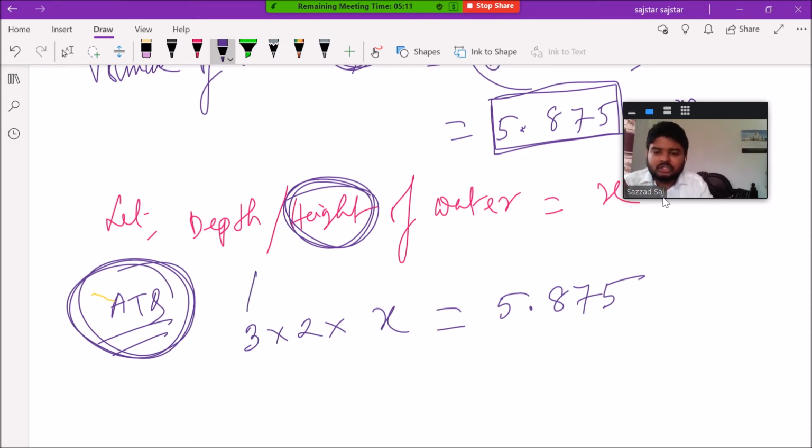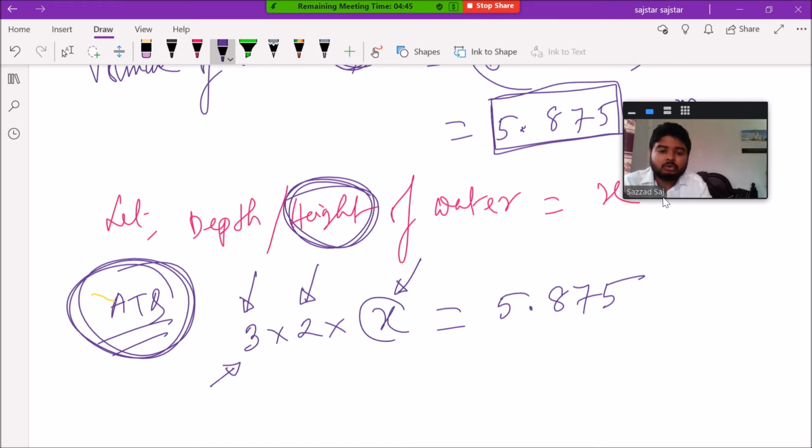This 3 is the length of water, this 2 is the breadth of water, this x is the height of the water. But in the sum, this 3 was given as the length of the reservoir. As we know, water takes the shape of any pot wherever you place it. So length of reservoir and length of water are the same, similarly breadth of reservoir and breadth of water are the same.